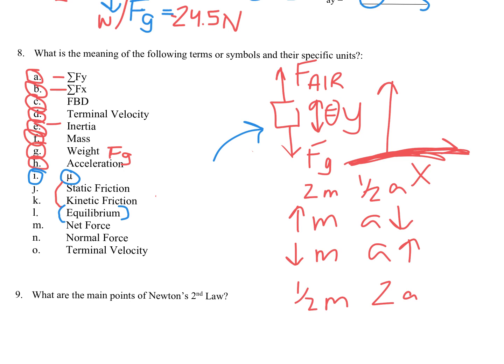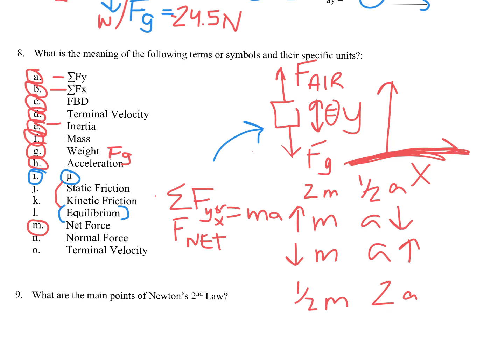And speaking of net force, up next, net force we know is either written as sigma F or F net, but we know that that is always equal to mass times acceleration. Net force is your forces added up either in the y direction, up and down, or the x direction.